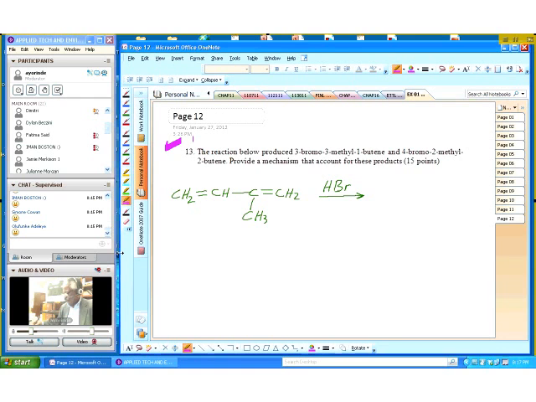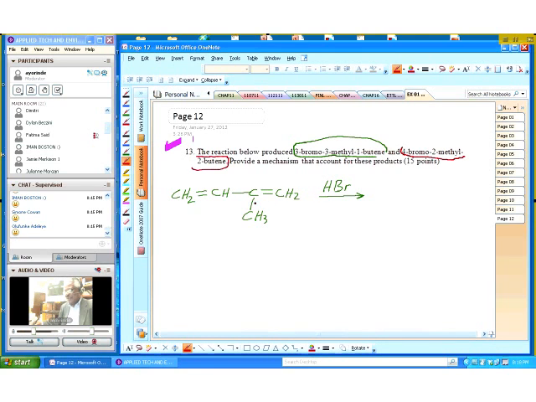The first thing we need to do here is to know the structure of these molecules. That's the first thing we need to do, write the structure.